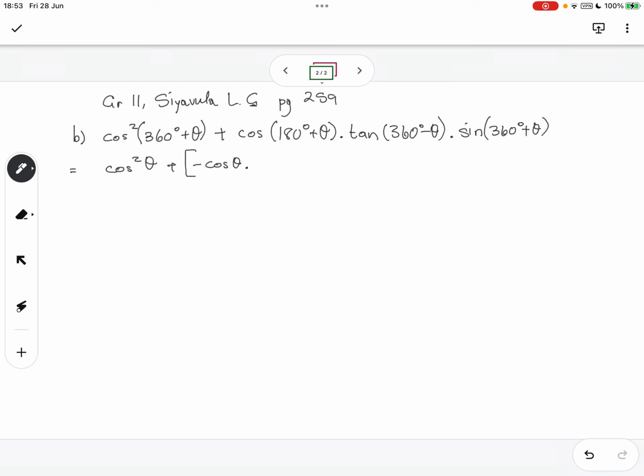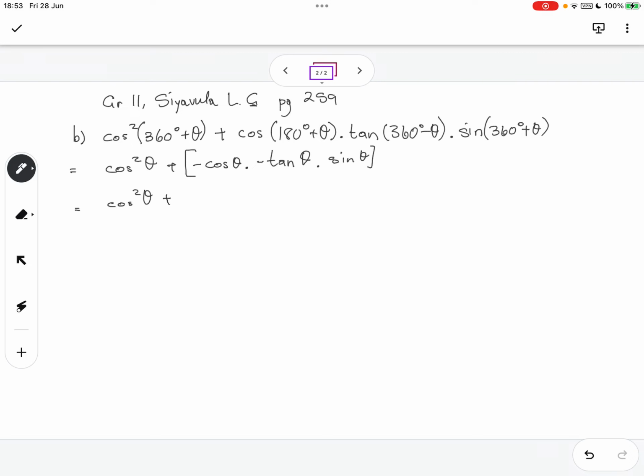So tan is negative. So we'll say times negative tan theta. And 360 degrees plus theta is first quadrant, so that reduces to sine theta. And this we can just drop down.